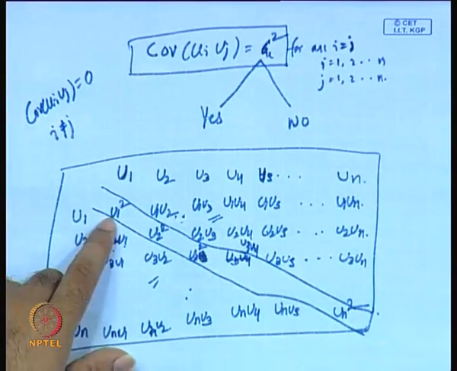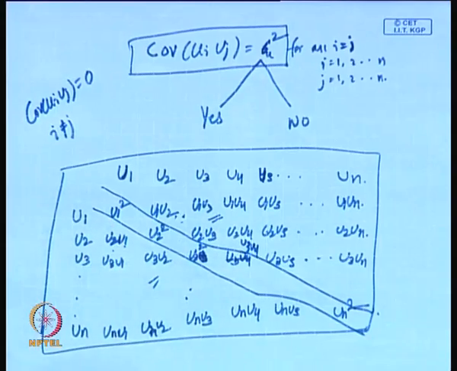When u1 square is there, then it is the case where i equal to j, but the starting is the covariance of ui uj. So when i and j are equal, then you will get diagonal elements. When i is not equal to j, then either you may be in off diagonals or you may be in the on diagonals. So that is depending upon the situation.